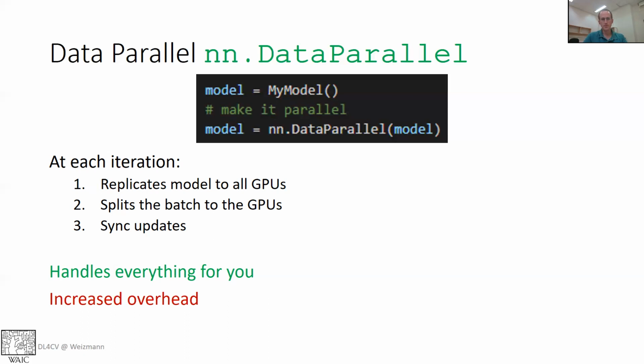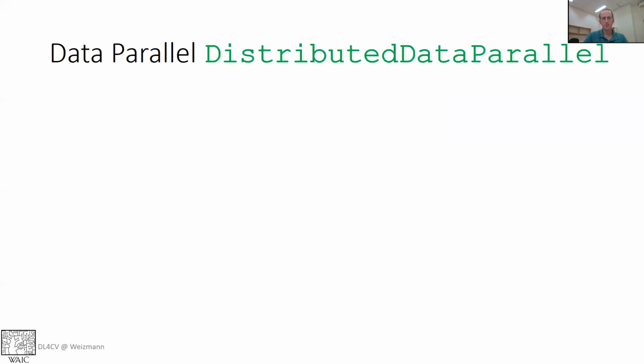This is done using DistributedDataParallel. Again, it's a PyTorch method, but it is more optimized and requires more effort on your part, which translates to more changes to the code.